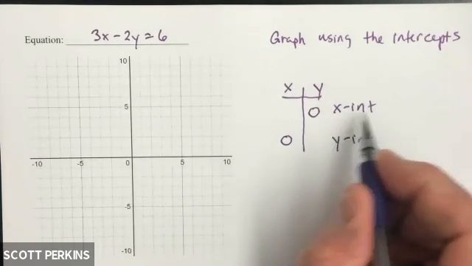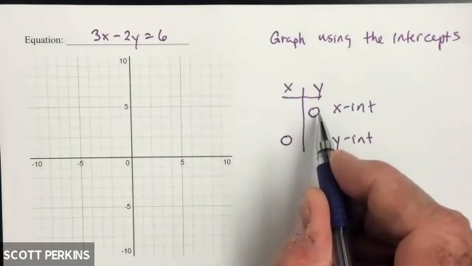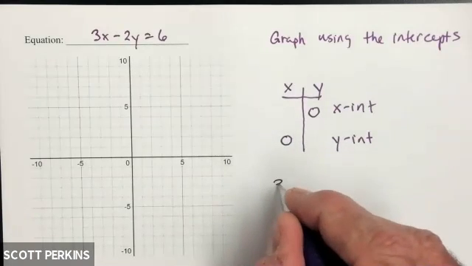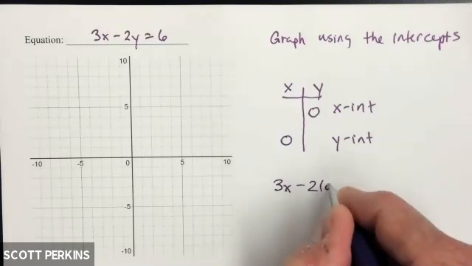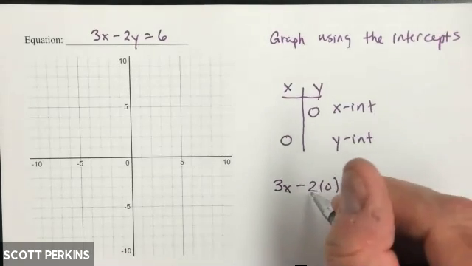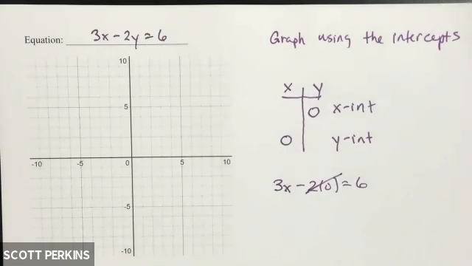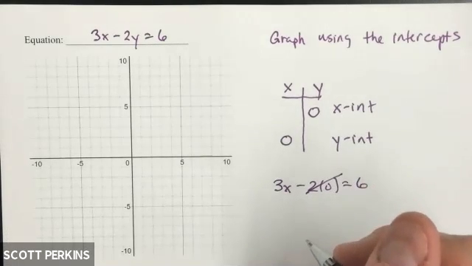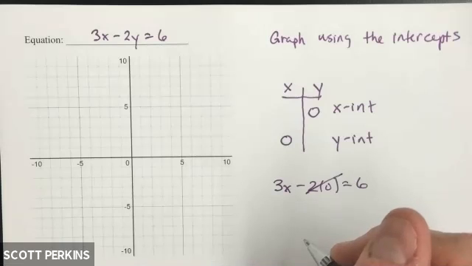When I go to find the x-intercept and I plug in 0 for y, what I get is 3x minus 2 times 0 equals 6. So I've plugged in 0 for y. And then this is the fun part. 2 times 0, boom, it's gone. Anything times 0 is 0. And so after you've done a couple of these, you can do these without writing hardly anything down.